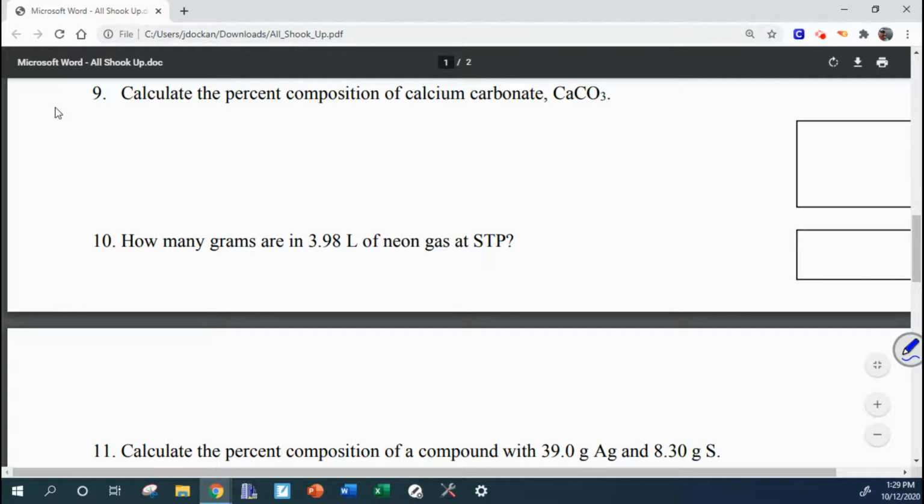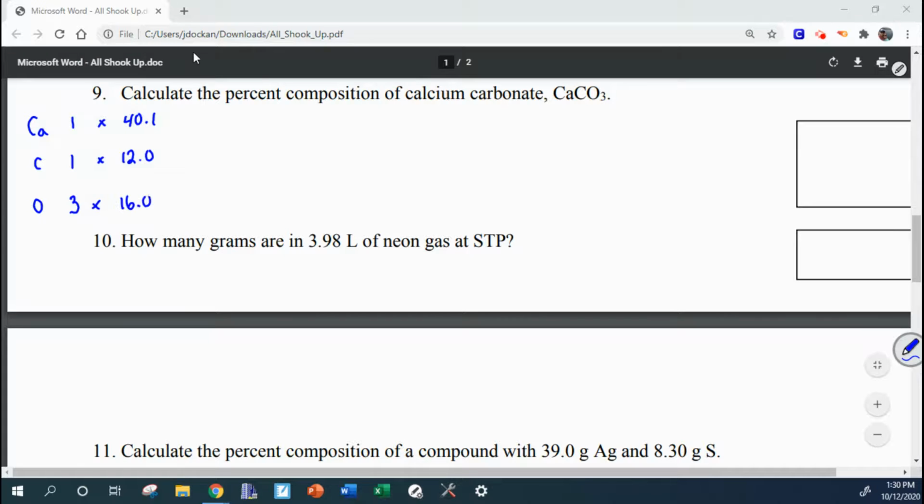So I like to list out my elements: calcium, carbon, oxygen. Calcium, we have 1 of those. Carbon, we have 1 of those. And we have 3 oxygens. The molar mass of calcium is 40.1. The molar mass of carbon is 12.0.